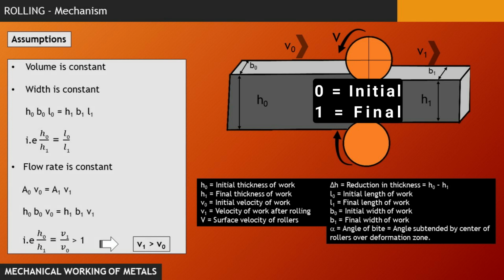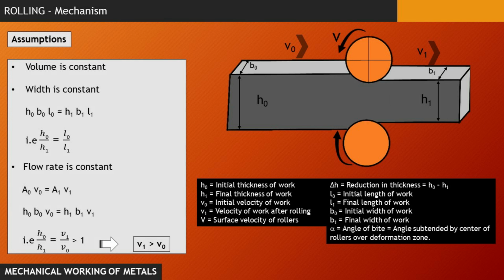This 0 sign is for the entry position and 1 sign is for the leaving position. So from this we get H0 by H1 is equal to V1 by V0, and it is always greater than 1. So we can regard that the velocity at the exit, that means when the material has been rolled, is higher than at the entry.